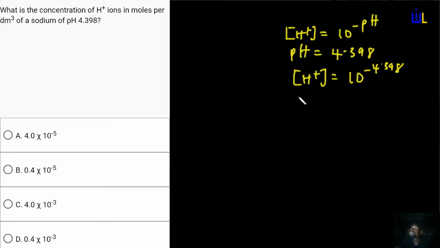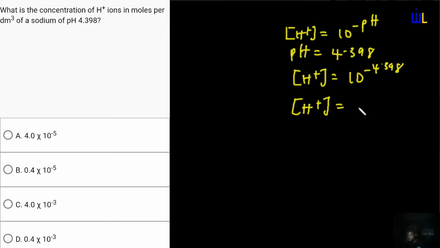You will not see log, neither will you see anti-log, but you see raised to power. So all you need to do is input this in your calculator and you are going to get your answer. Let's do that: 10 raised to power minus 4.398.